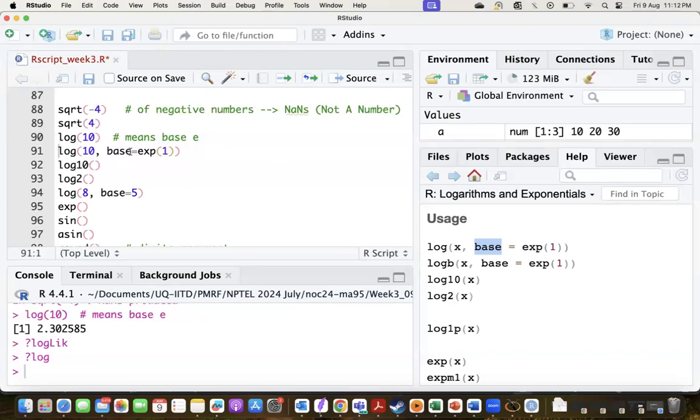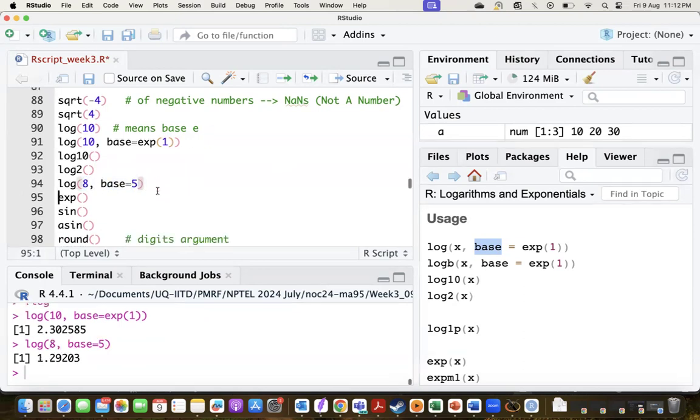Okay. So if you want to specify base as E, which is also the default, then you just write this complicated thing like exp bracket 1. But if you want any other random number as the base, you can write the actual number that you want to calculate the log of, and then you can write base is equal to whatever number it is. So it's log 8 base 10, base 5.